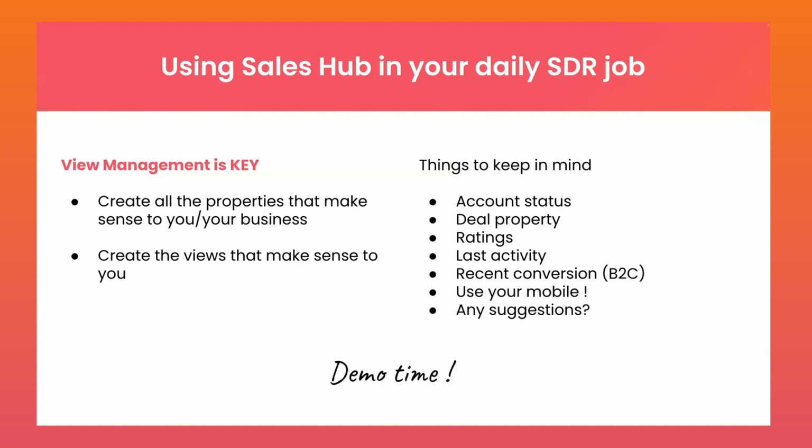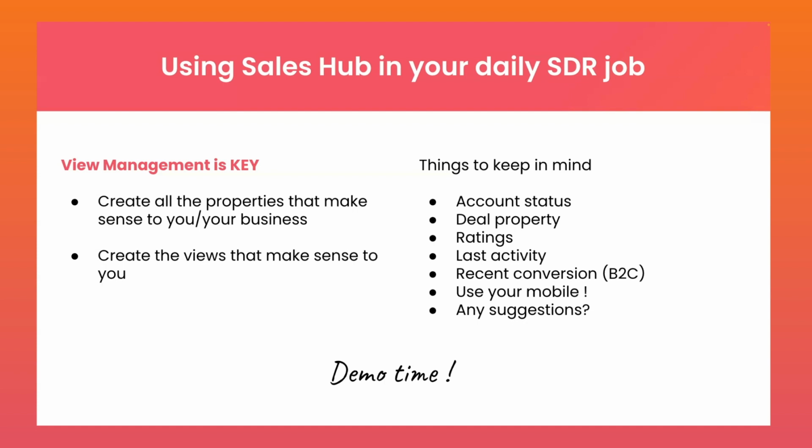Especially as an SDR, when I go in the morning, I see a view of all these people I have to reach out to. And I'm interested, as you said, in account status, deal property ratings, last activity, and having that on a field level in a view as well, which is really powerful. I don't have to click in one by one and ask what's happening, and then decide which one I'm going to reach out to.